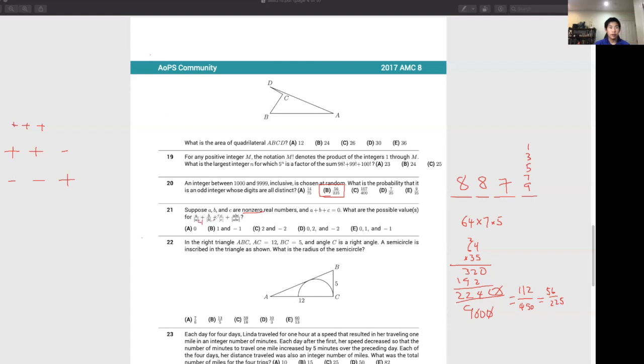Same goes for B over the absolute value of B, that's also equal to 1. C over the absolute value of C will be negative 1 because C is negative, but the absolute value is positive. And then for A times B times C, that's going to be negative, but the absolute value is positive, so we have negative 1. Adding those all up, we'll get 0. So we know that 0 is one of the possible values.